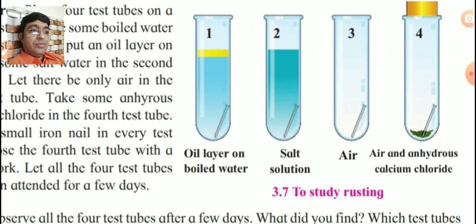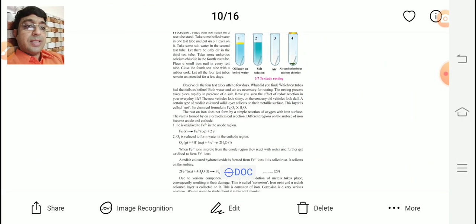And in the case of the fourth one, air is present and anhydrous calcium chloride, so moisture is not available because calcium chloride absorbs the water. That's why that nail is not rusted. So remember this answer.